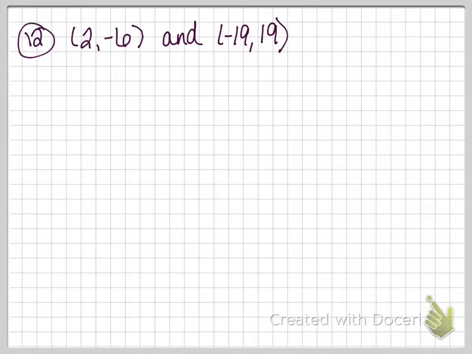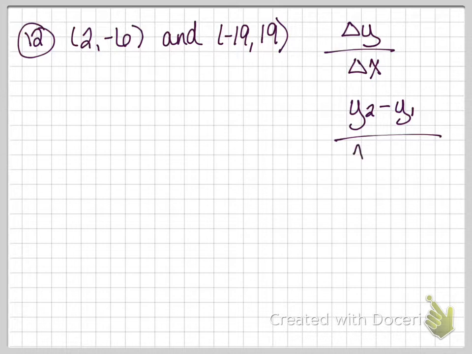Slope is change in y over change in x. That means I'm subtracting my y's, then I'm subtracting my x's. Another way to write it is y sub 2 minus y sub 1 over x sub 2 minus x sub 1. So I'm going to start with this point right here, and I am subtracting.